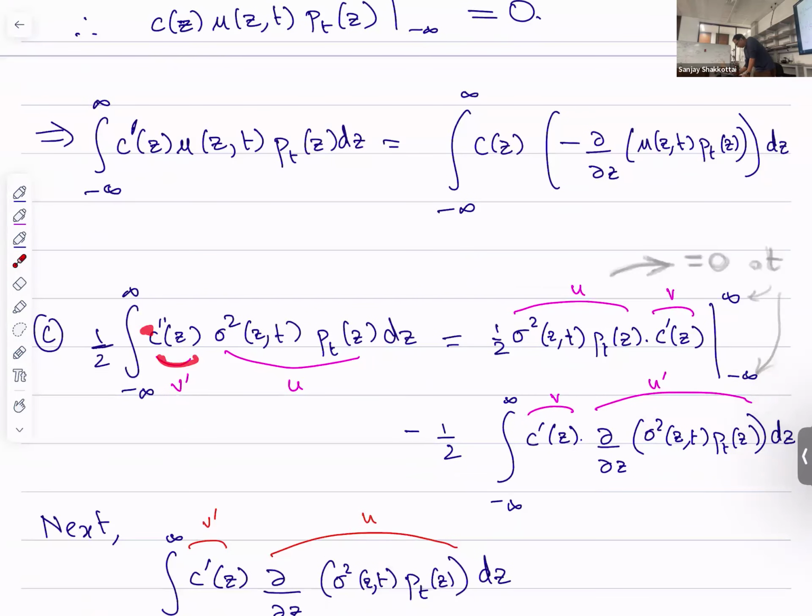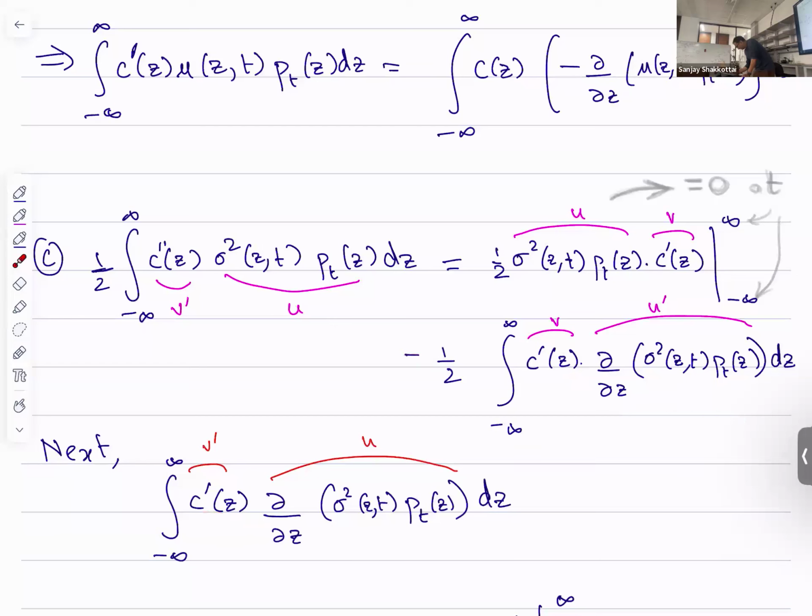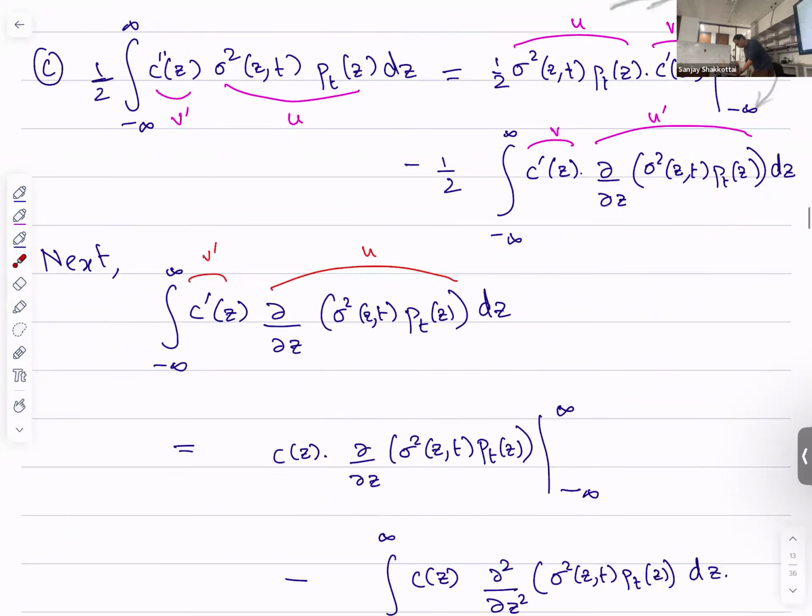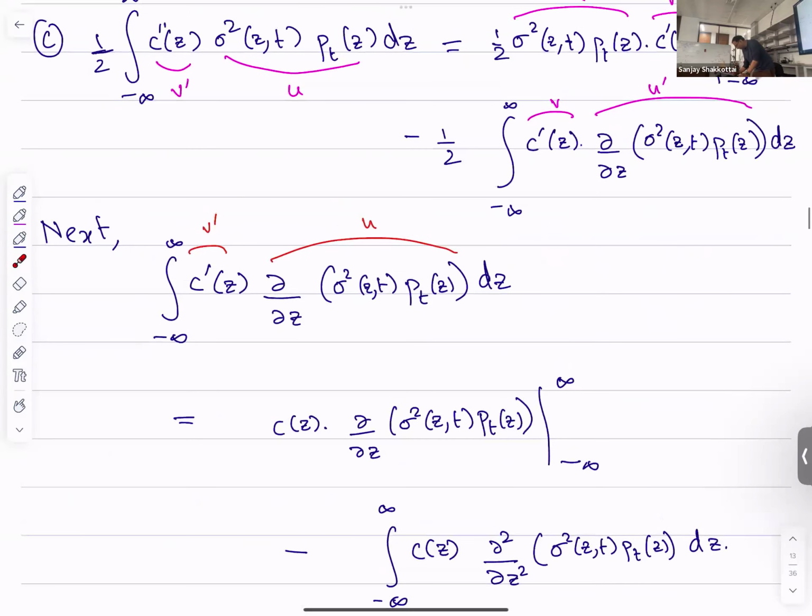I've gotten C double prime down to a negative of a C prime times some derivative. So now let's look at this integral, C prime times this. I'll call C prime as V prime, and I'll call this as U, and do integration by parts again. Then C prime will become C, but this derivative becomes a second derivative.